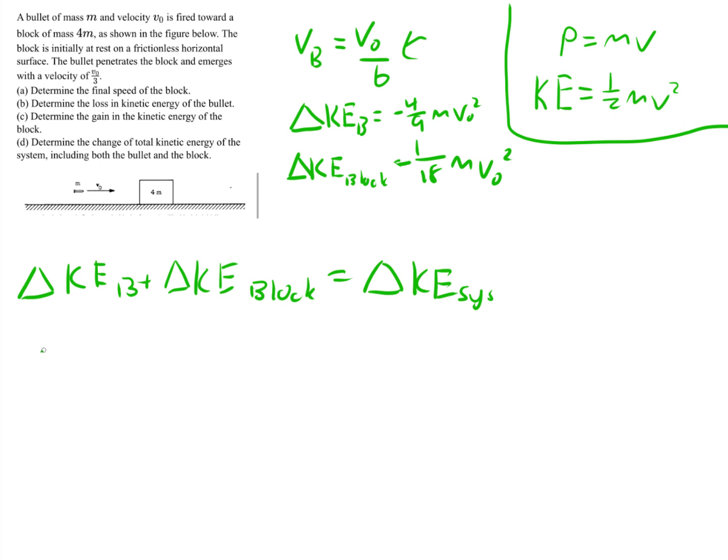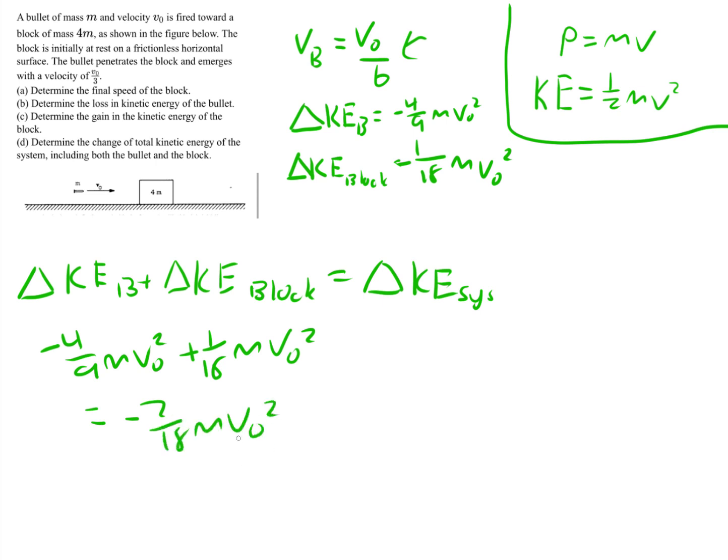So we get minus 4/9 m v squared plus 1/18 times the mass times the initial velocity squared. And then if you just simplify this, you should get minus 7/18 times the mass times the initial velocity squared.